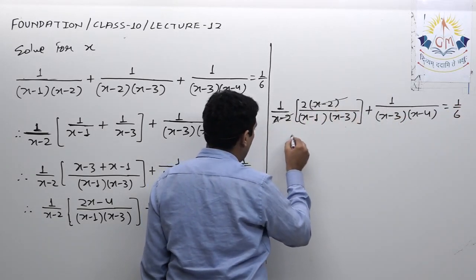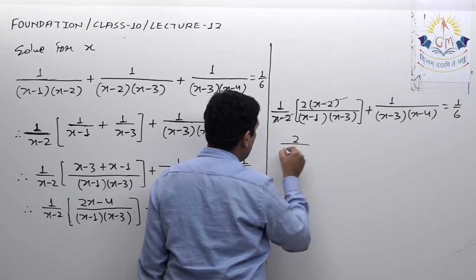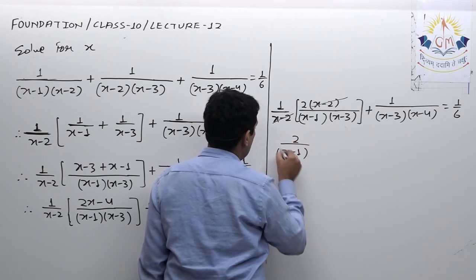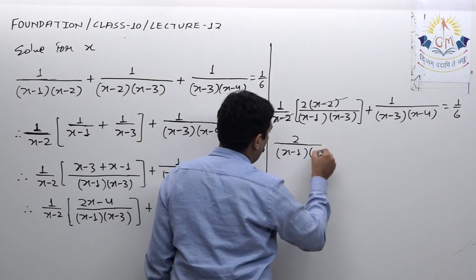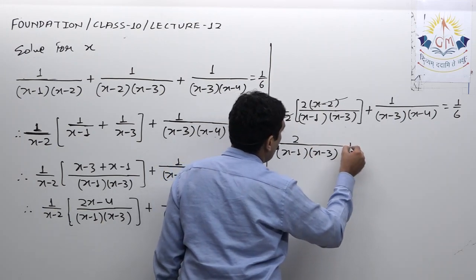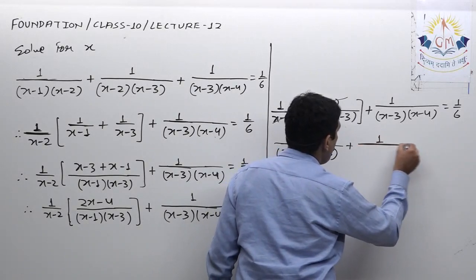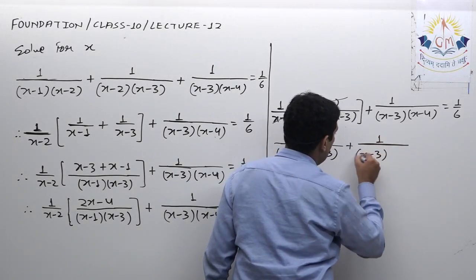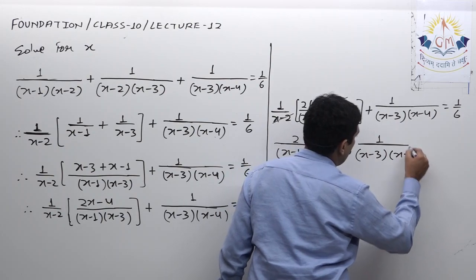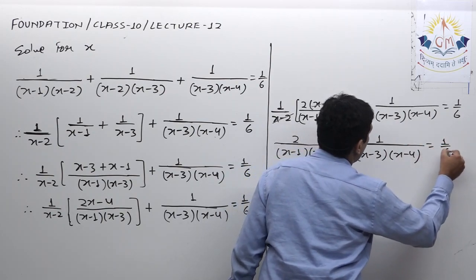So now I have 2 upon (x minus 1)(x minus 3) plus 1 upon (x minus 3)(x minus 4) is equal to 1 upon 6.